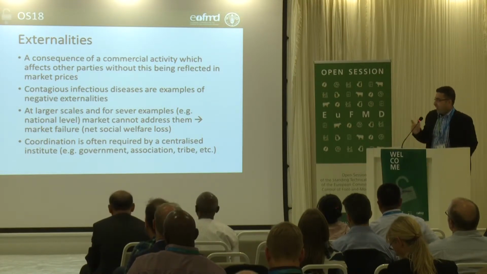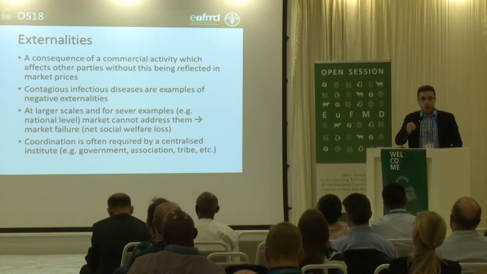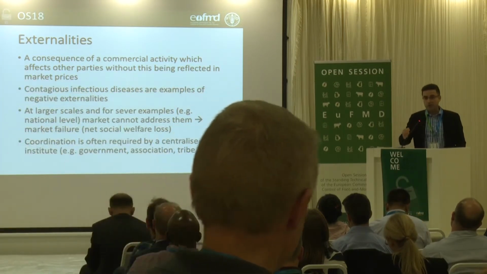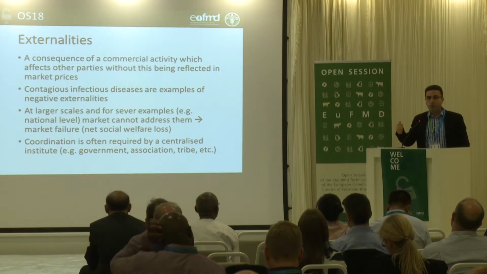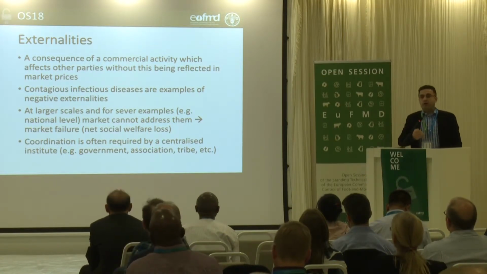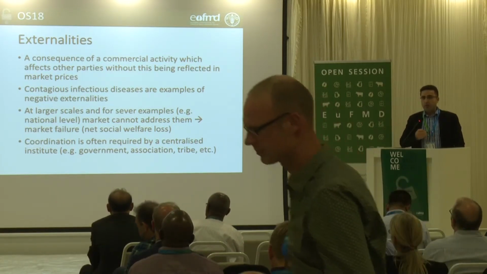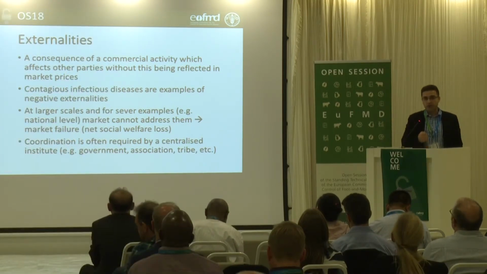At a larger scale, and for severe examples, at national, regional and international level, the market cannot solve this issue. That's when economists refer to market failure, when our efforts in allocation of resources of the economy fail to produce a net profit for the whole society.